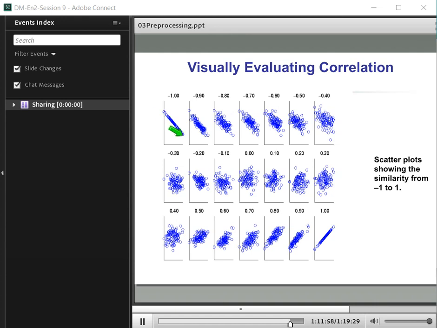It's a visual correlation. You can see that as long as you are moving from -1 to 0, 0 is here, the sparsity of the data points is increased.